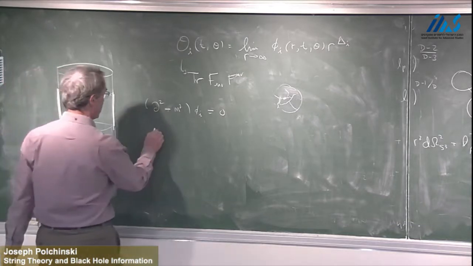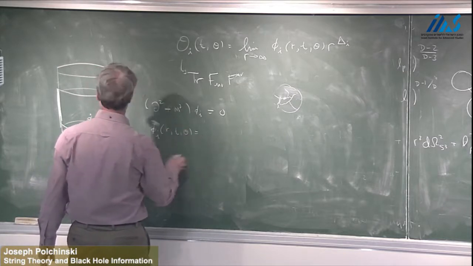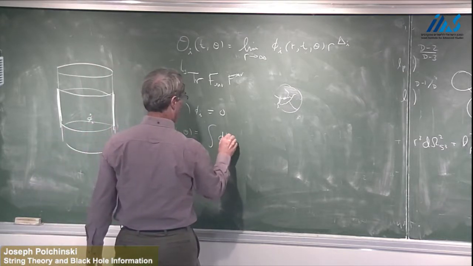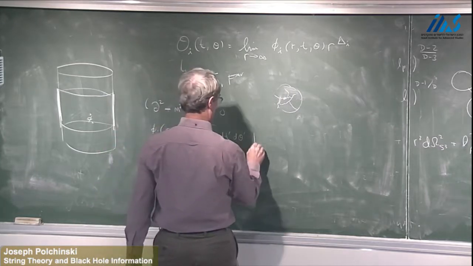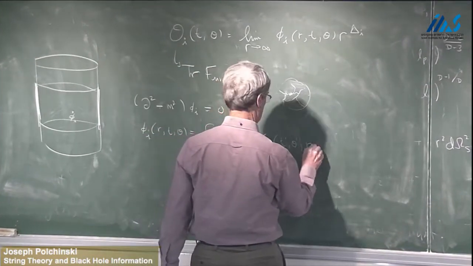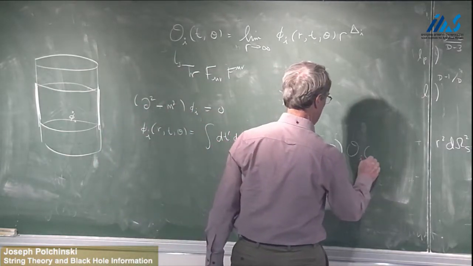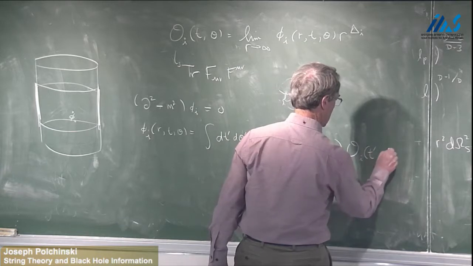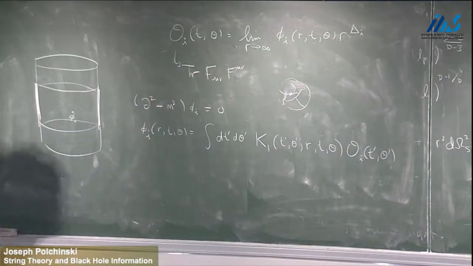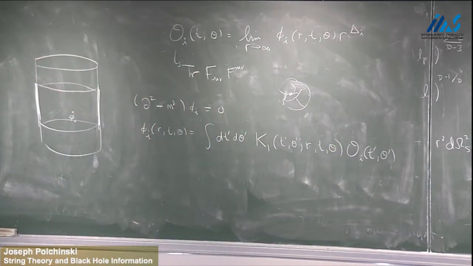So the outcome is that the field at some finite radius is equal to some smearing operator. Okay, and then using the dictionary, you get that. So this relates the field in the bulk to the local operator on the boundary, but integrated.